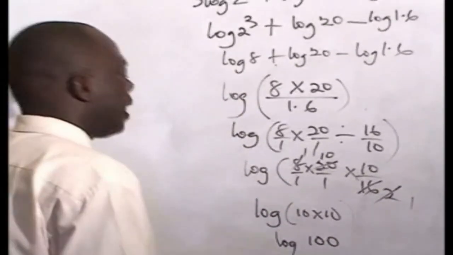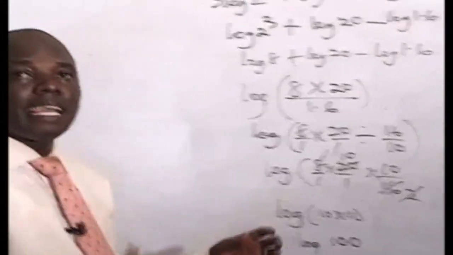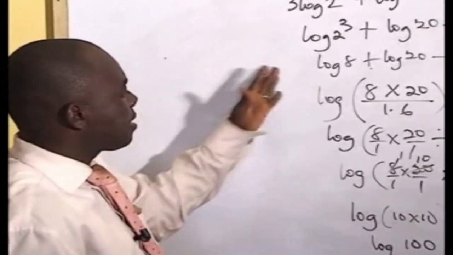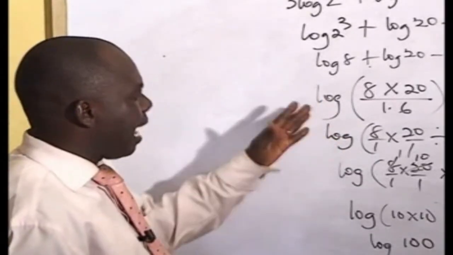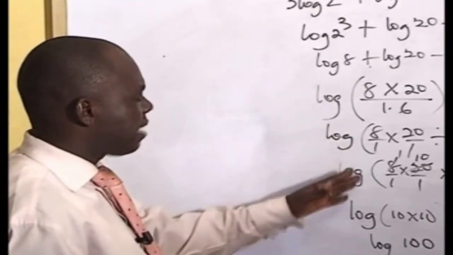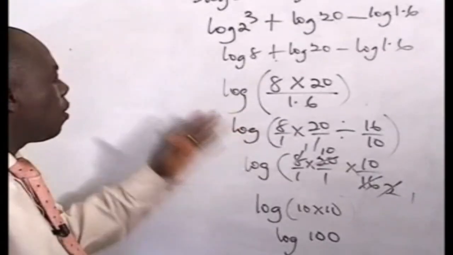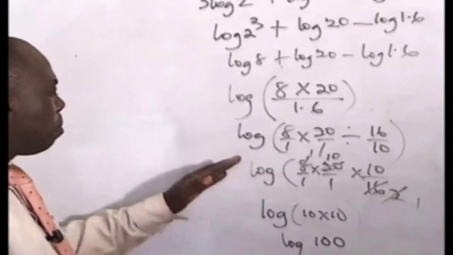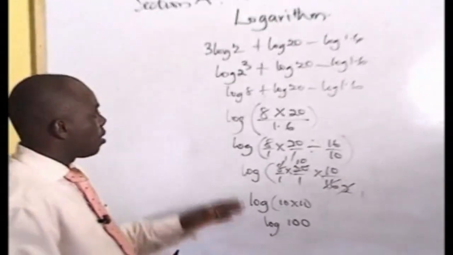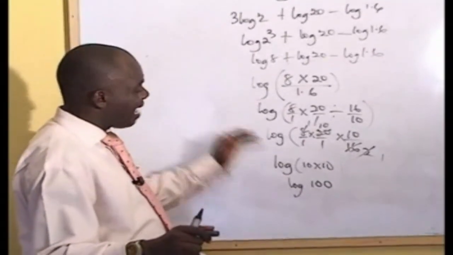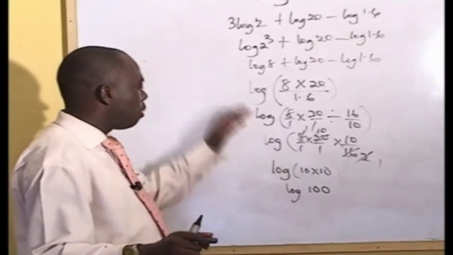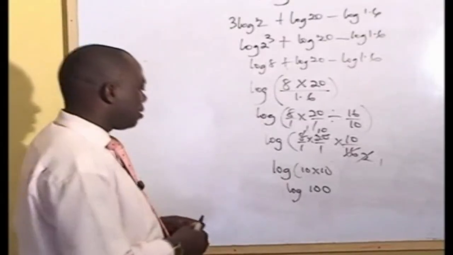Again, I need to let you know that anytime the logarithm is not expressed to a base, know for a certainty that the base is 10, except otherwise stated. You must understand, anytime the base is not given, the base of that logarithm is 10.